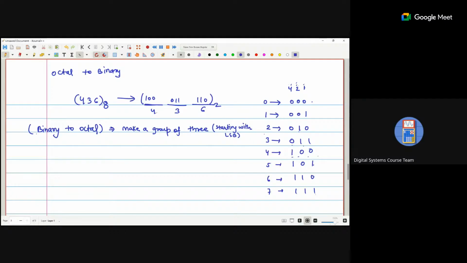Why starting with LSB? I will explain to you. Now represent the octal value with respect to each group.